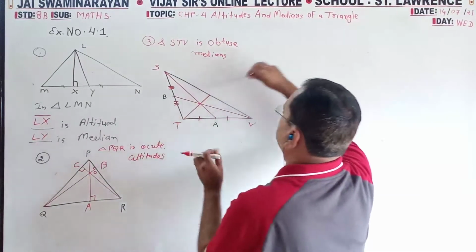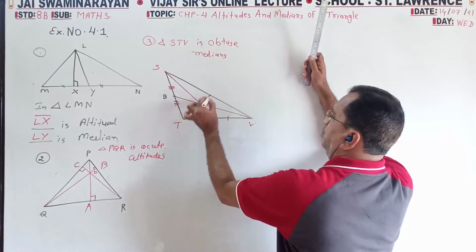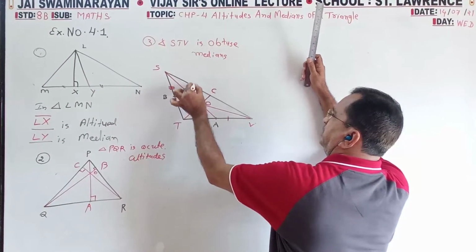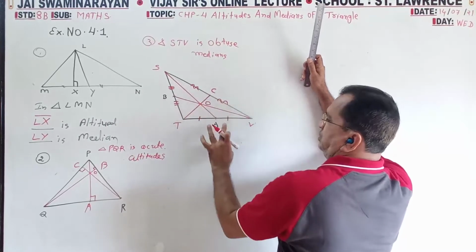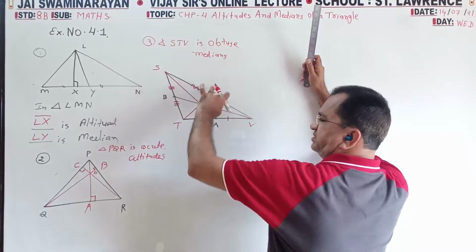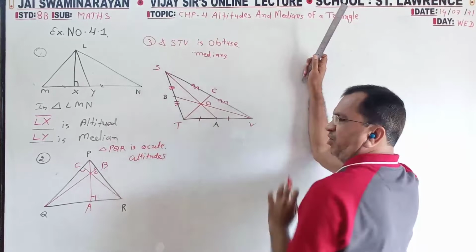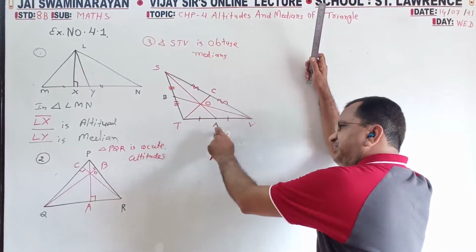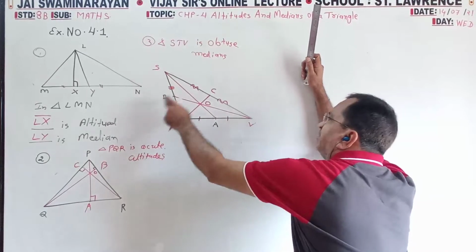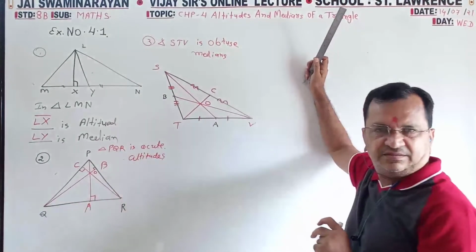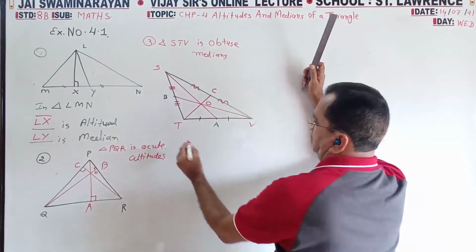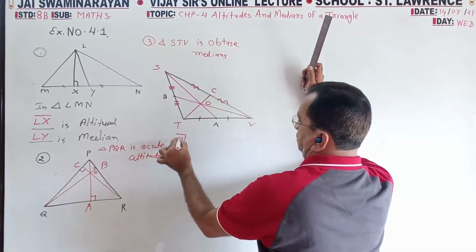And the concurrent point is orthocenter O, AB, this is C, and you can mark. This mark different, this different, this different. Here, same all. Same mark will not do because this is a midpoint of this segment, this is a midpoint of this segment, this is midpoint of this segment. Okay, like that.